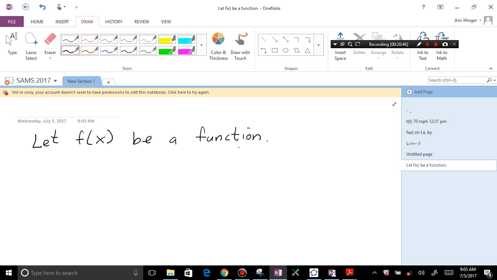What does that mean? That means for each x, there's only one y value, right? Excellent. We say that the limit as x goes to a of f of x is equal to L if what?